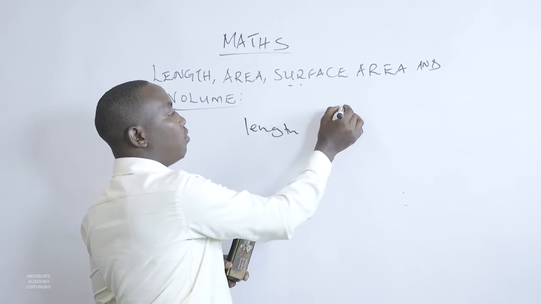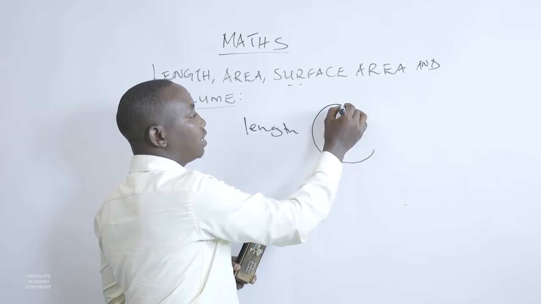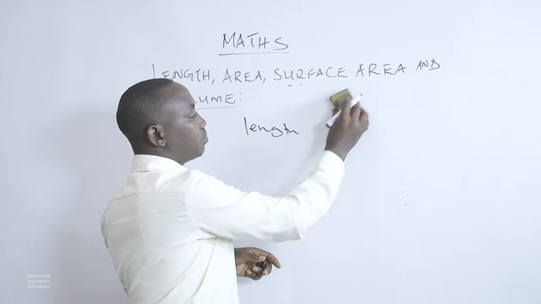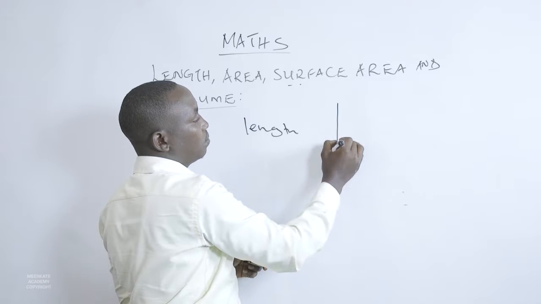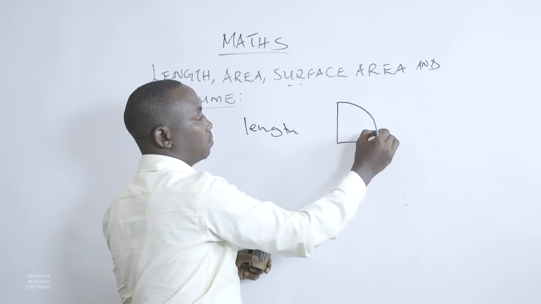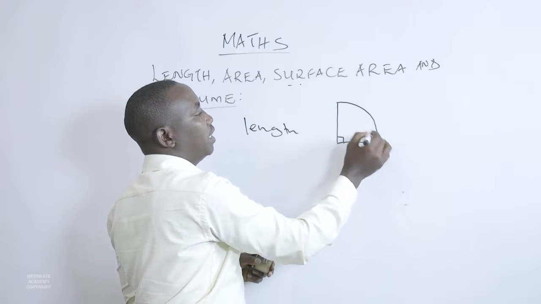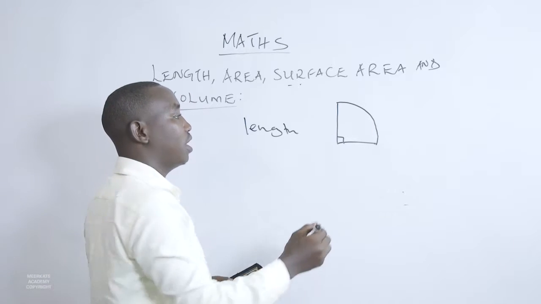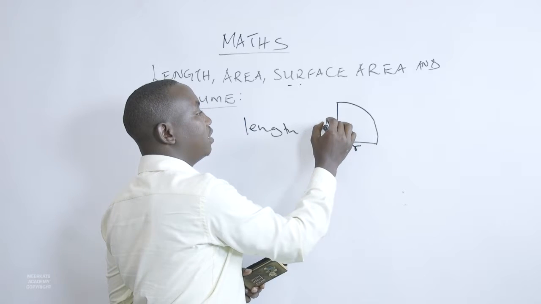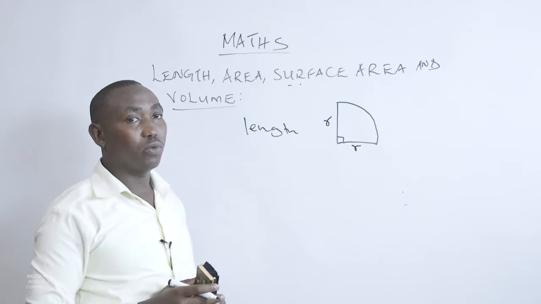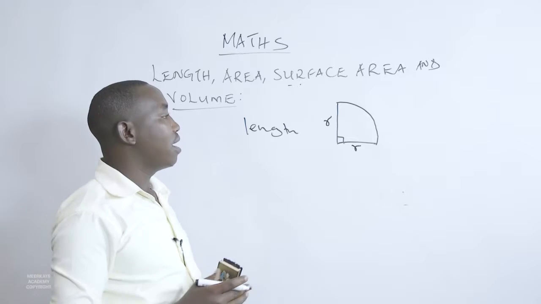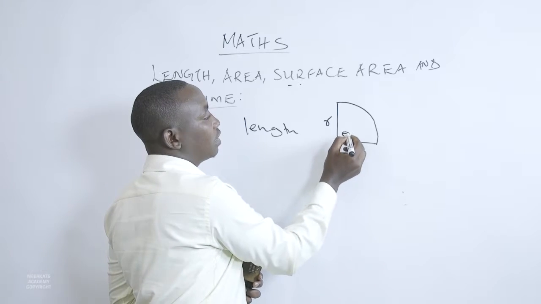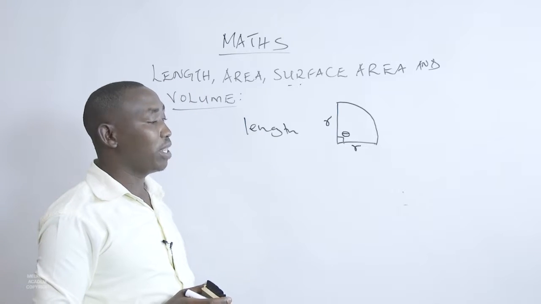In the case we have a circle that is not complete, this is a quarter of a circle. Given that this is the radius, it will be equivalent to that of the other side. We can take this angle, 90 degrees, to be theta.